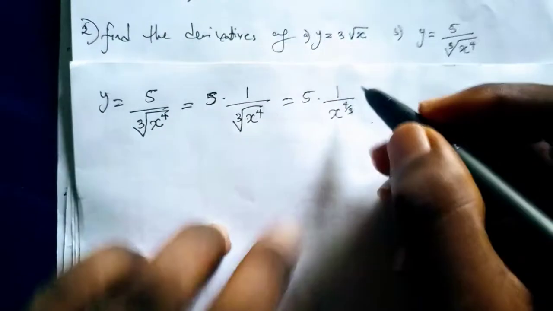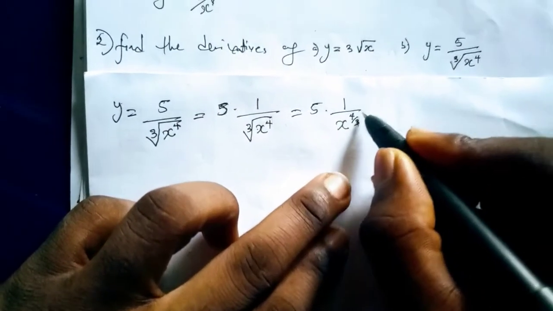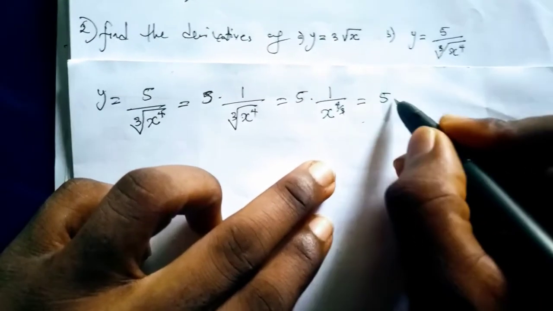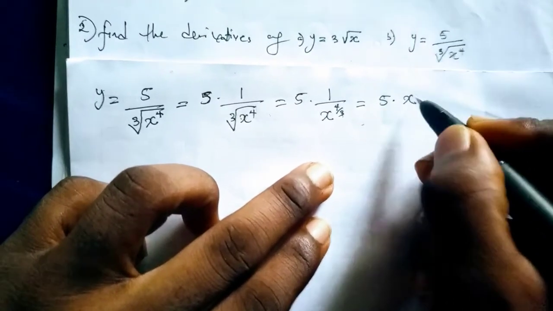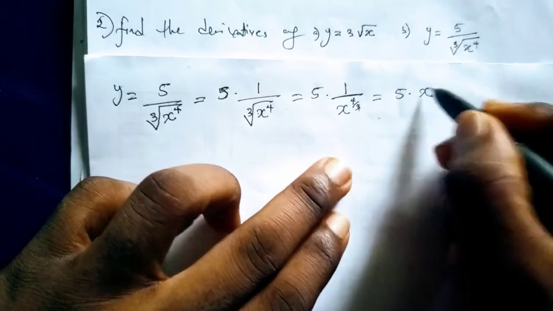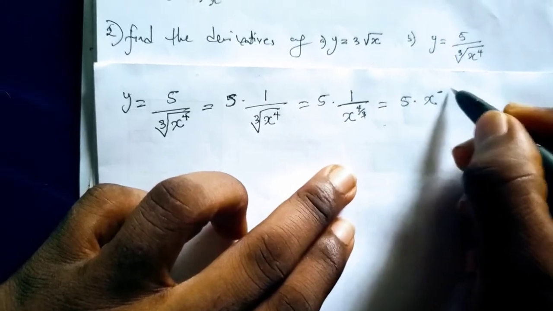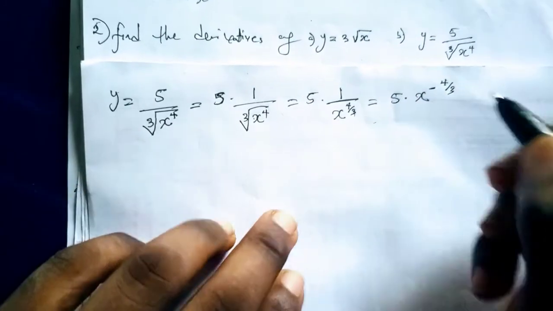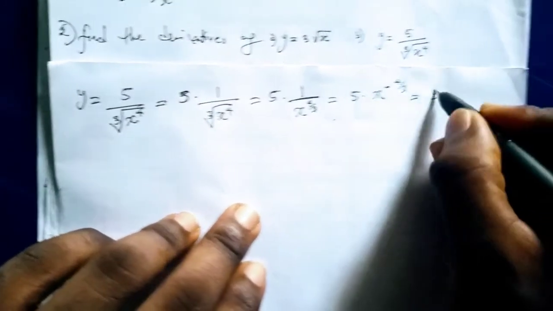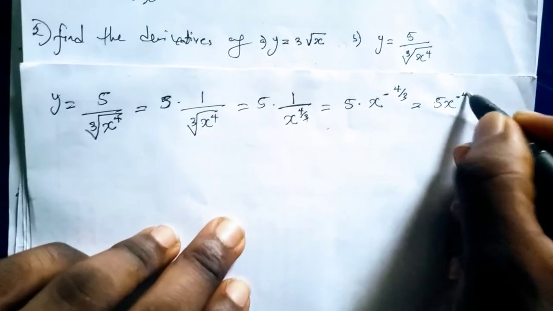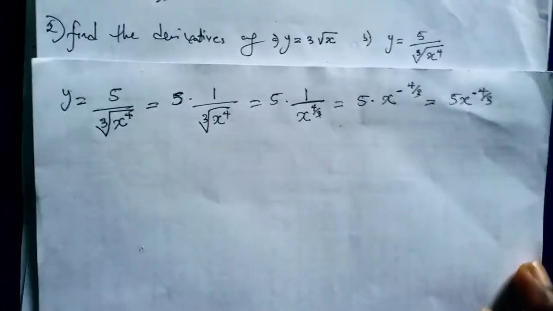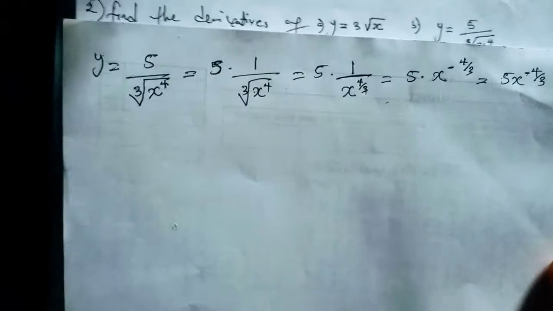So this is our knowledge from indices, and I can write this as 5 multiplied by x raised to negative 4 over 3. So we can now work with this.